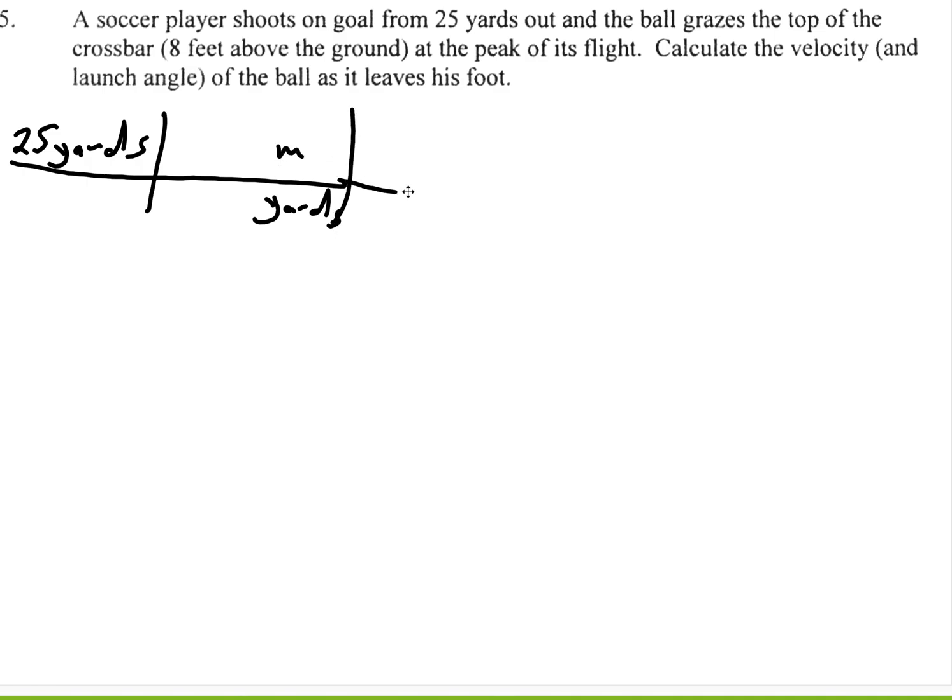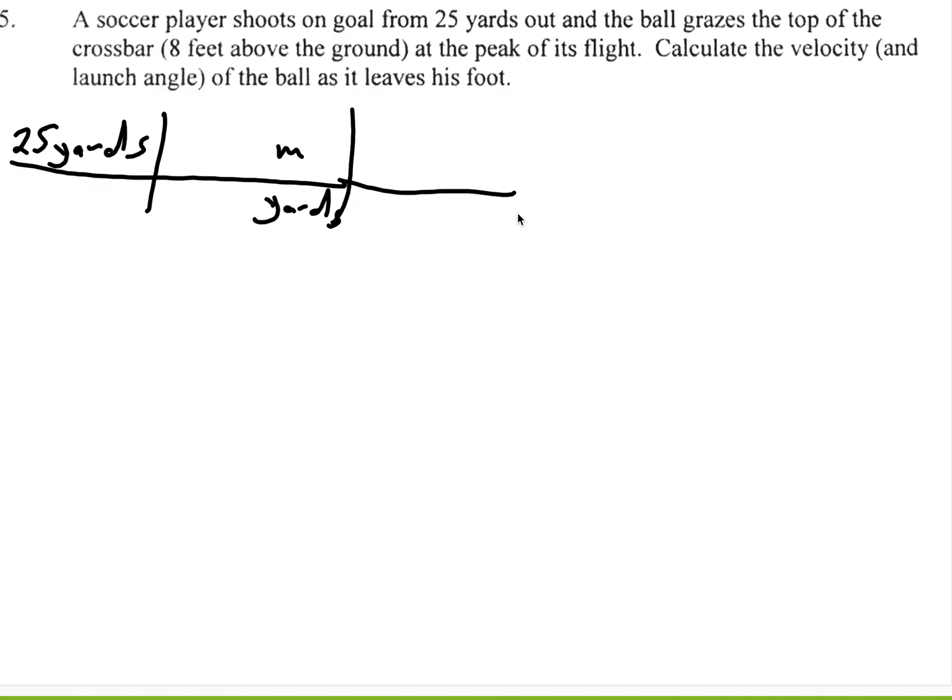I have a soccer player, and they're making a shot on goal from 25 yards out. So the very first thing let's do before we get too far, we need to convert 25 yards. All right. So remember, if we do factor label, I have yards on top. I have to multiply this by some conversion factor where yards are on the bottom, meters are on the top, and the yards will cancel.